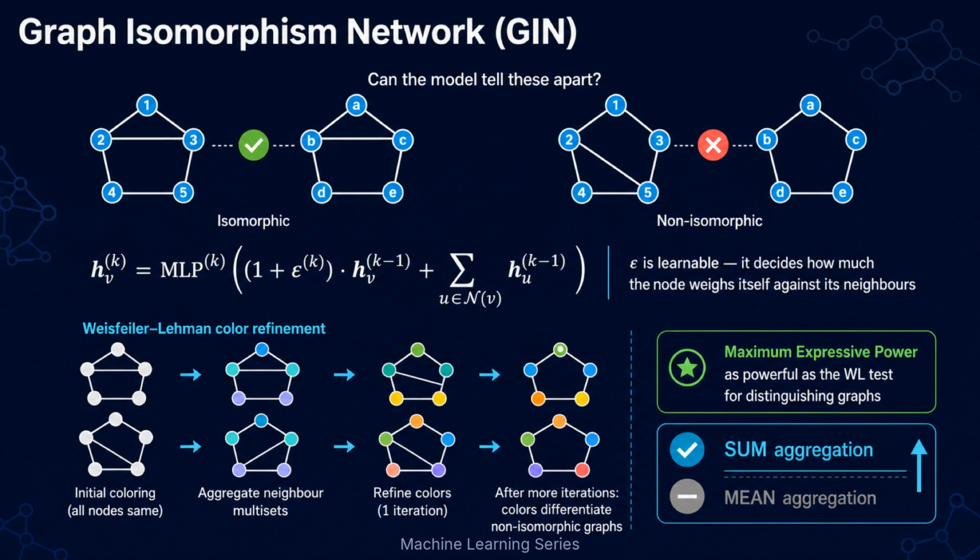The GIN formula includes a learnable parameter epsilon that weights the center node differently from neighbors. h_v equals MLP of (1 plus epsilon) times h_v plus the sum of neighbor features. Crucially, GIN uses sum aggregation, not mean, because sum preserves multiset information that mean loses. 2 neighbors with feature 1 sum to 2, while their mean is still 1. This distinction matters for capturing graph structure.